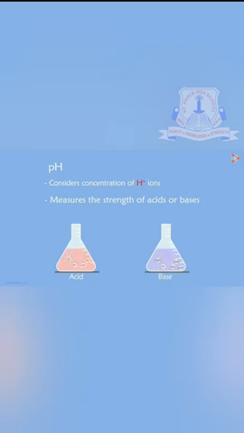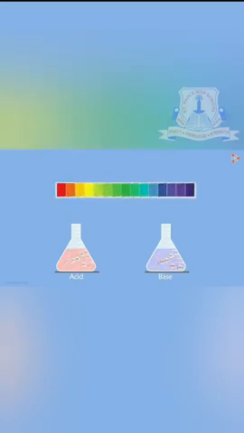We know that if the pH value is from 0 to 6, the solution will be acidic. If the pH value is 7, the solution will be neutral. If the pH value is from 8 to 14, the solution will be basic in nature. Always remember, more the H ions, less is the pH value.